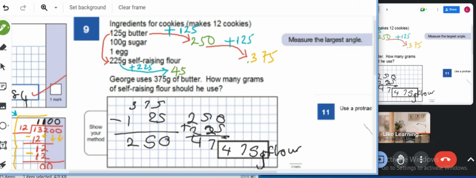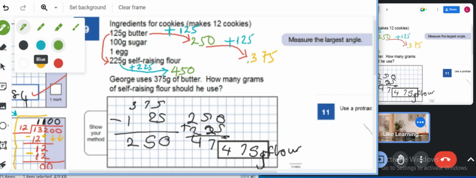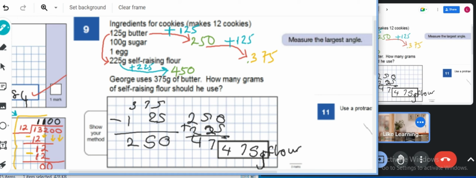I think you made a mistake while you were working, but I will correct it now. What else do you need to do now? I've added the first 225 and I got 450. That's 225 plus 225. What else do I need to do? Do you mean 450 plus?